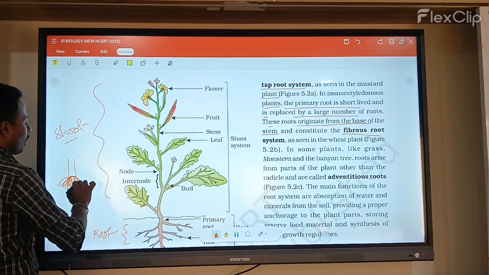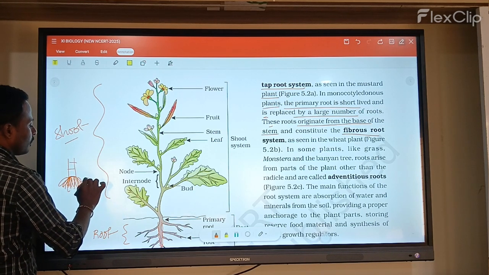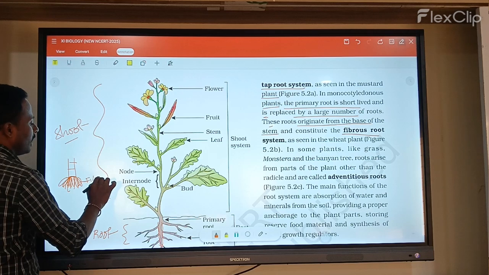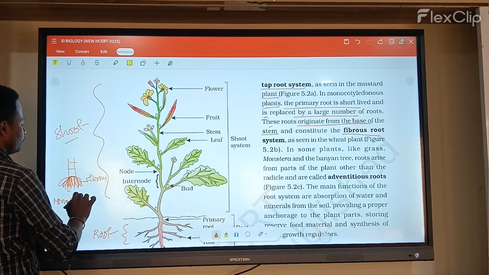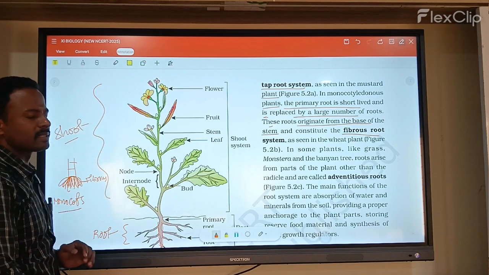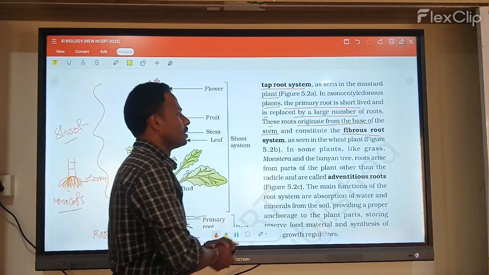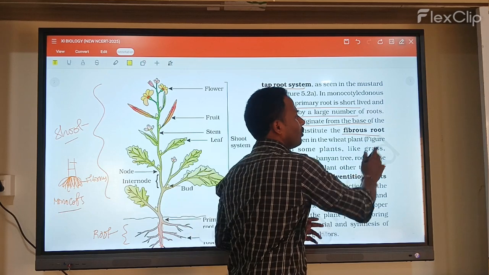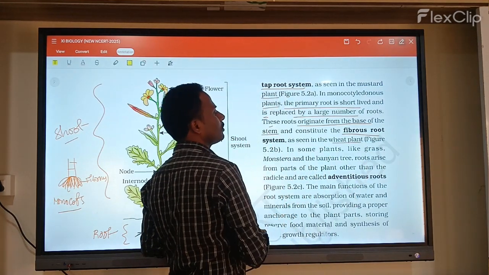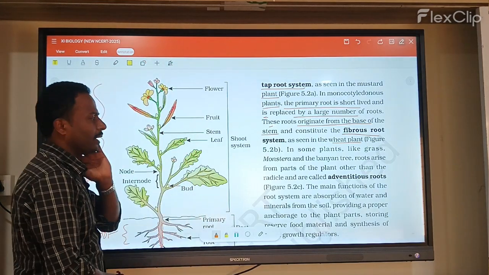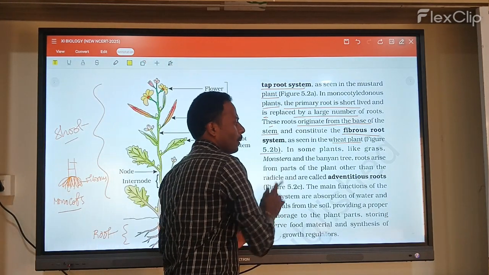These roots are called fibrous roots. You notice them only in monocots. Such roots are called what? Fibrous roots. The best example is the wheat plant, given in figure 5.2b.